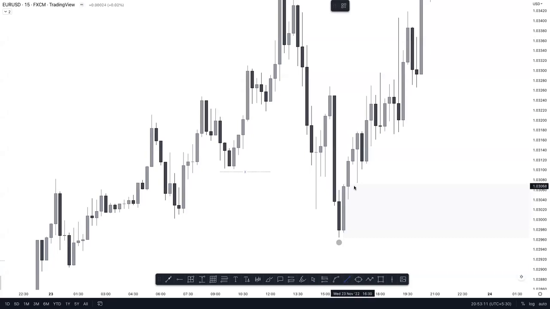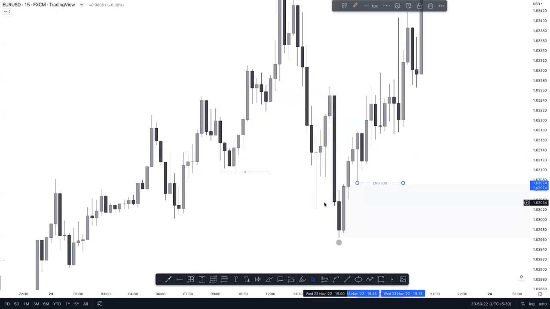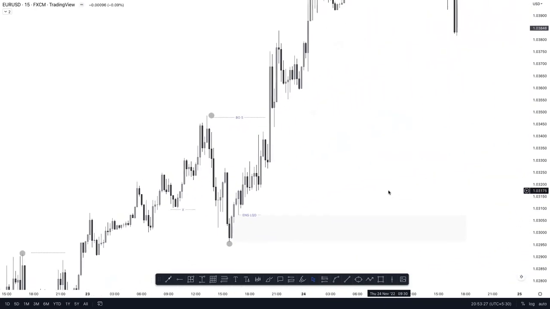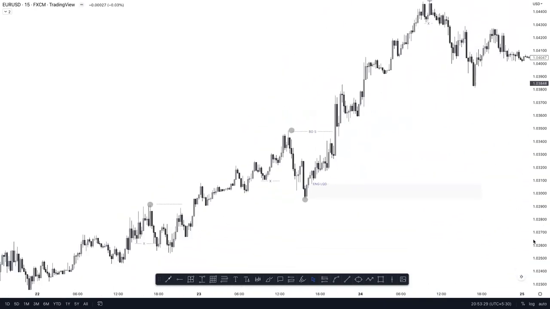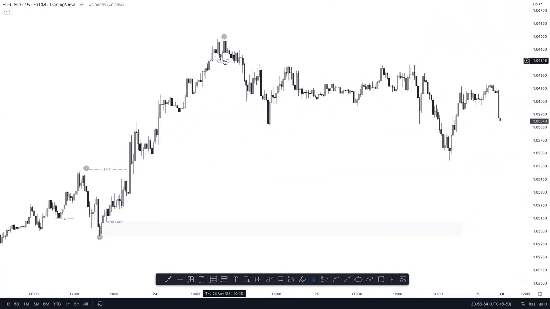And this low acts like engineered liquidity. So we can use the extreme and this is the inducement. If anything happens between these, those all act like SMT, right? Yes, there is an imbalance here, but a very minor imbalance.